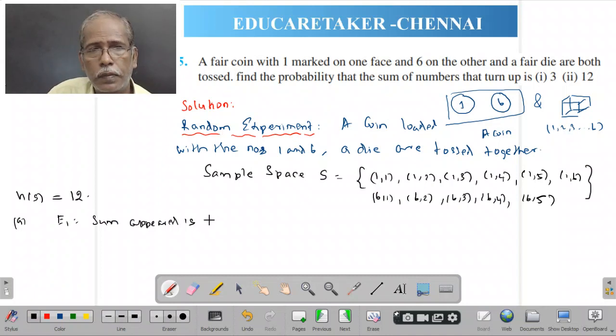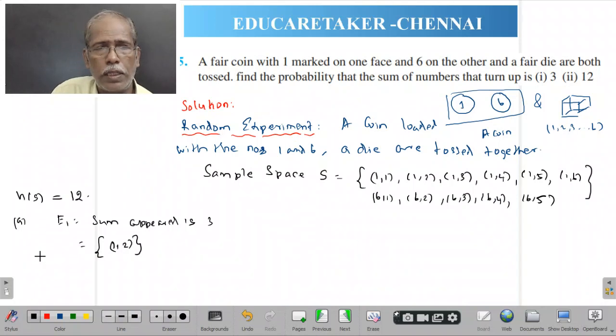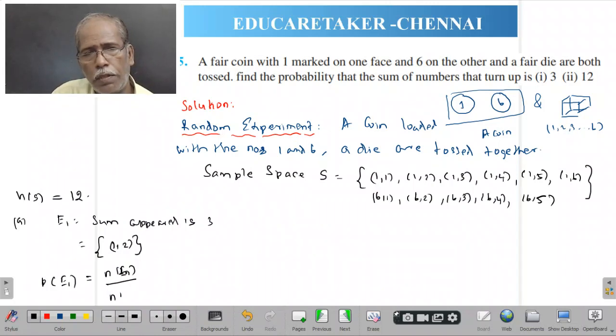Then the possible sample points should be taken. So (1,2) alone, no other possibilities, because the total should be 3, and n(E1) equals 1. So what is the probability of the corresponding event? P(E1) is the ratio of n(E1) to n(S), that is 1 over 12.